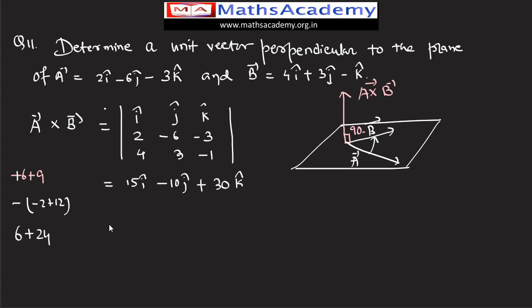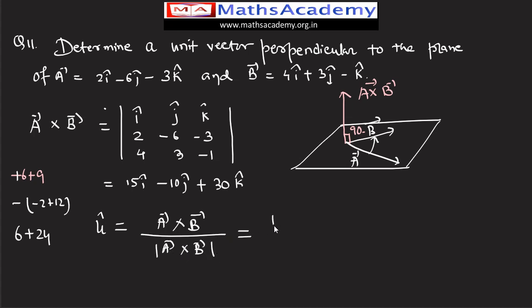the unit vector. Suppose I am calling the unit vector u cap, which is equal to a vector cross b vector, and then divided by its magnitude, a vector cross b vector.